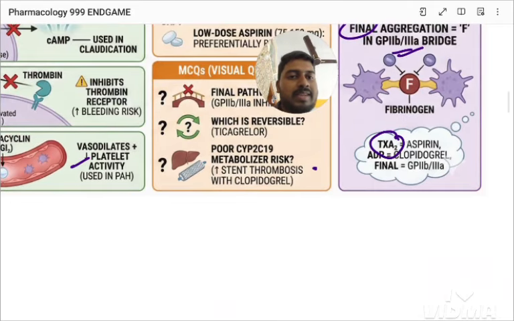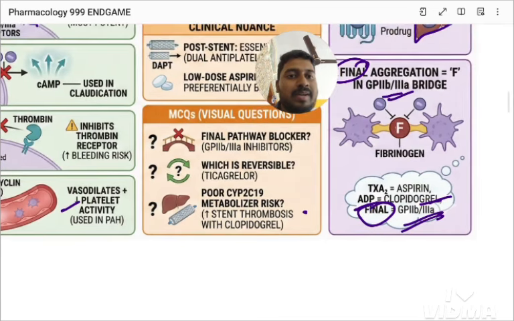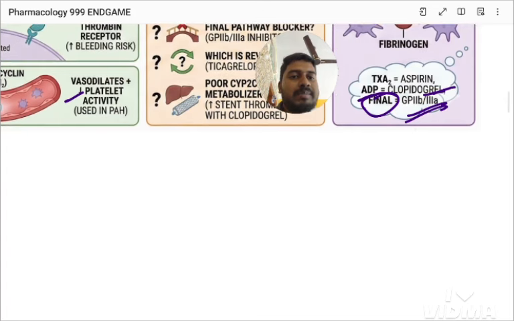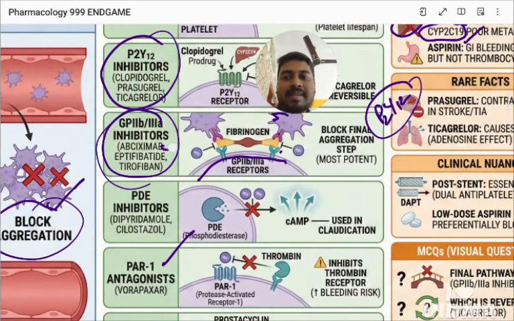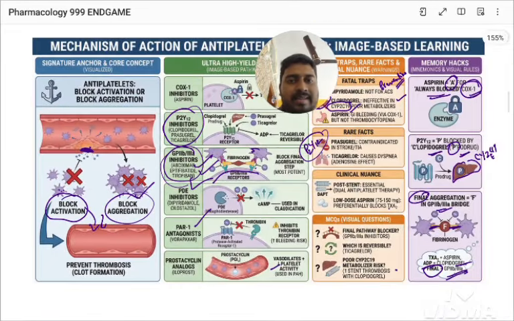So first is thromboxane A2, which aspirin blocks. Second is ADP, which clopidogrel blocks. And the final step, GP2B3A, is the aggregation step. This is blocked by which drugs? Yes, very good. Those are abciximab, eptifibatide, and tirofiban. Okay. So these things will come again.